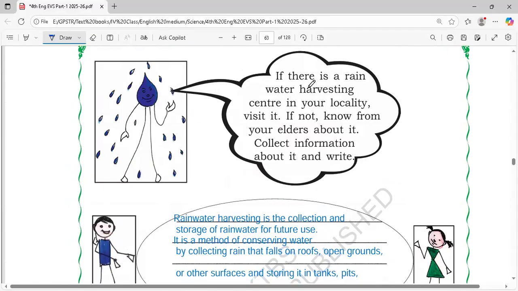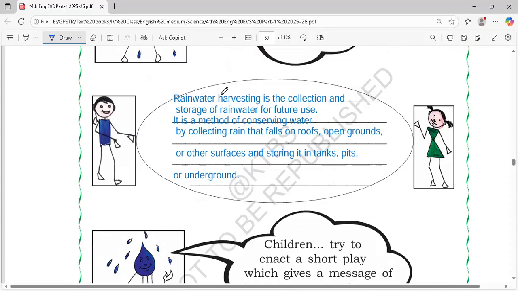Drop of water, thinking. If there is a rainwater harvesting center in your locality, visit it. If not, know from your elders about it. Collect information about it and write. Here I am giving a definition of rainwater harvesting.